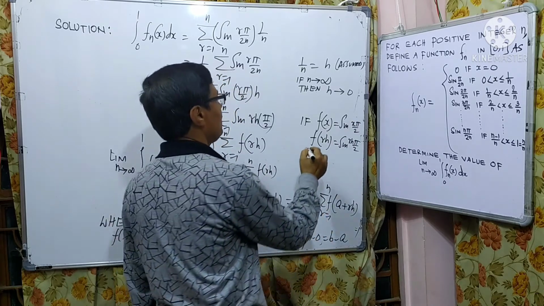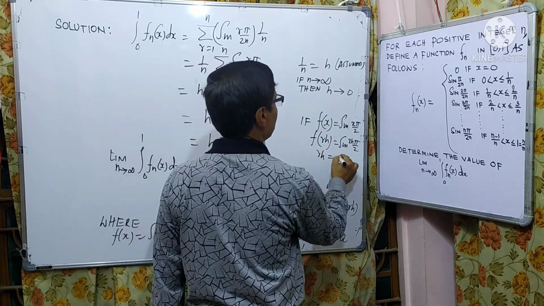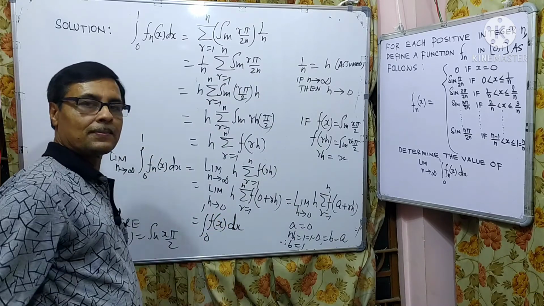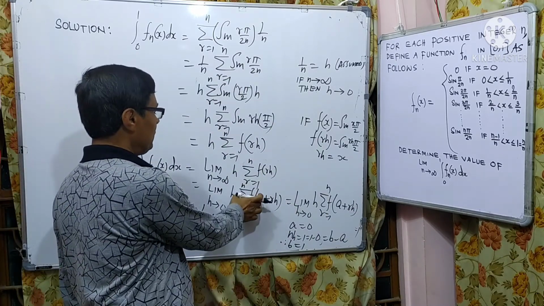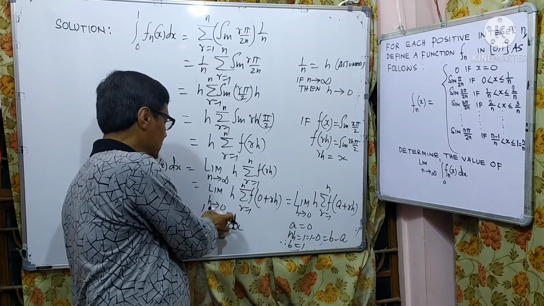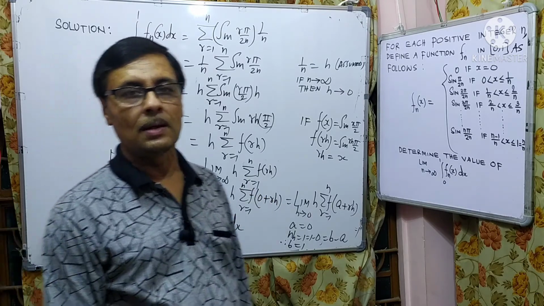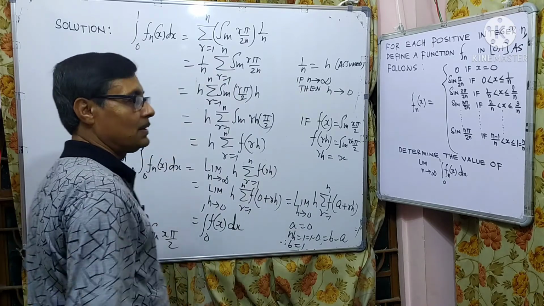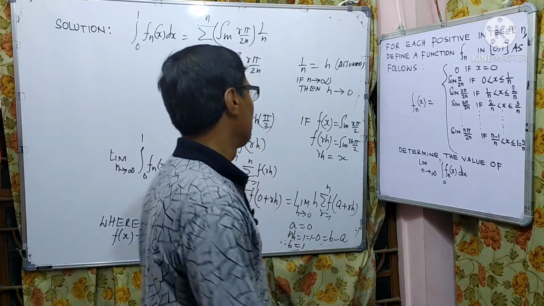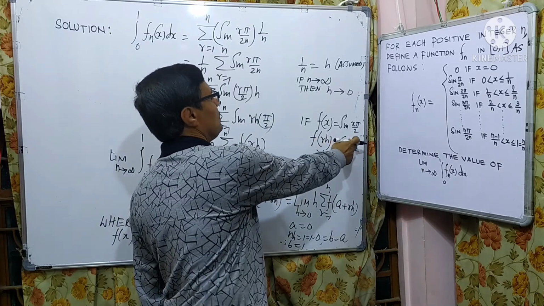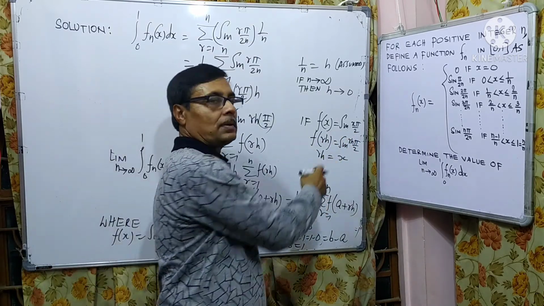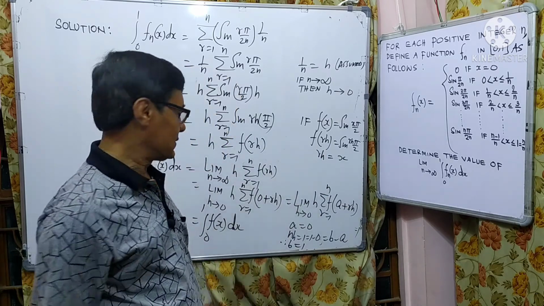So this is fx, this is the limit of a sum, and this limit of a sum is equal to the definite integral 0 to 1 fx dx. Here fx is sine x pi over 2, where rh is equal to x.